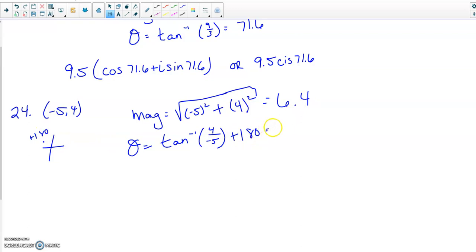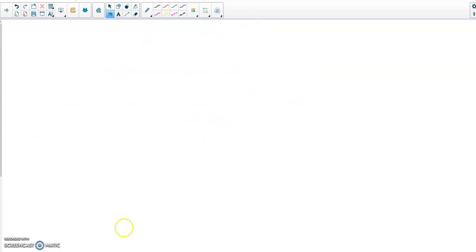And when I type that on my calculator, I get 141.3 degrees. So the answer is 6.4 cosine of 141.3 plus I sine of 141.3. Okay. Cool.